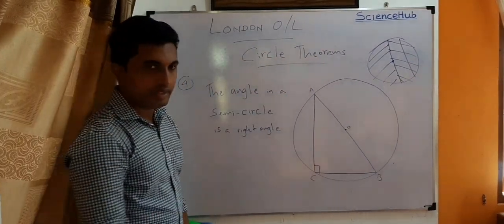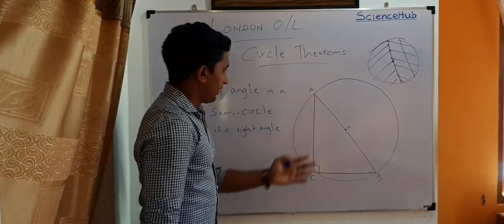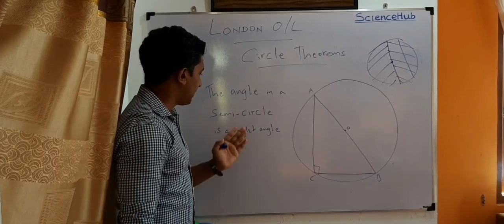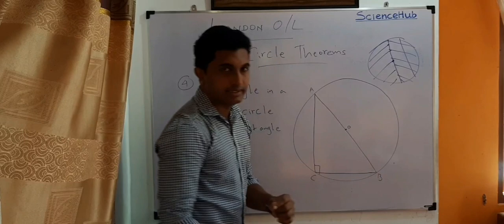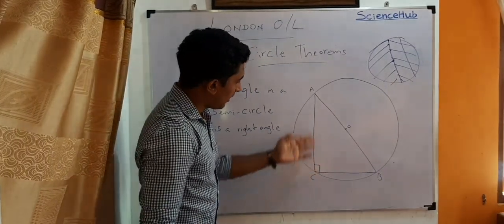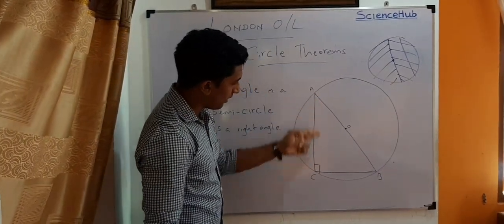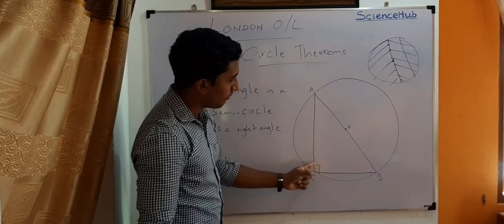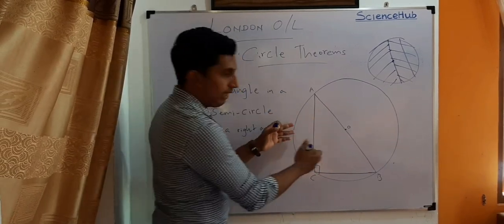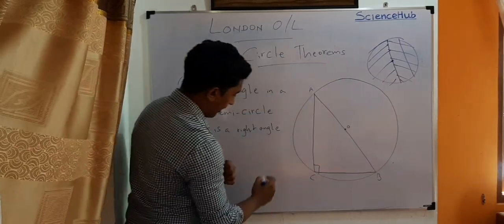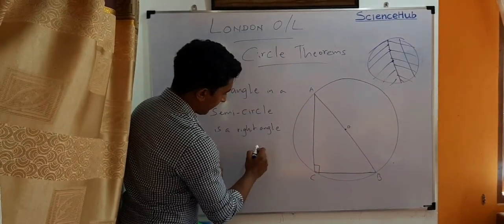Then the angle in a semicircle is a right angle. AB is a diameter, and according to this theory, the angle in a semicircle means I will take only this part.